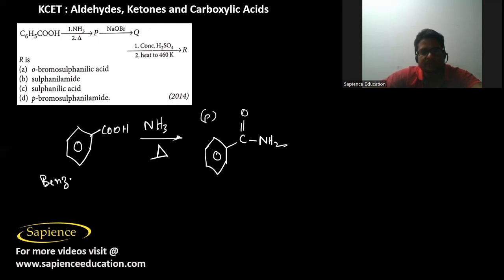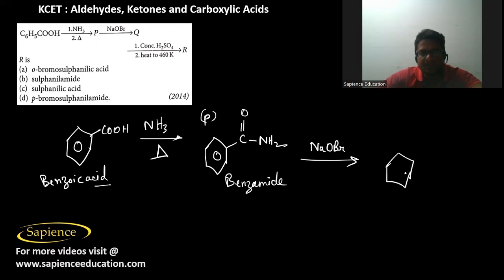So from benzoic acid, if it is heated in the presence of NH3, it will produce benzamide, which is the compound P, and when it is reacted with NaOBr, it will produce aniline, which is the compound Q.